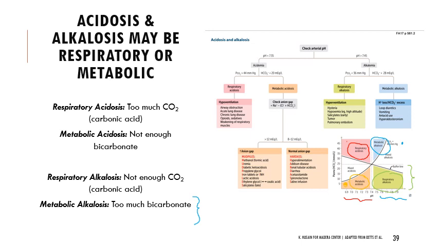So on a quiz or an exam, if I told you that the pH was too high and bicarbonate levels were also very high, then you should know it's metabolic alkalosis. If I said that the pH was very low and bicarbonate was also low, then it's due to metabolic acidosis.